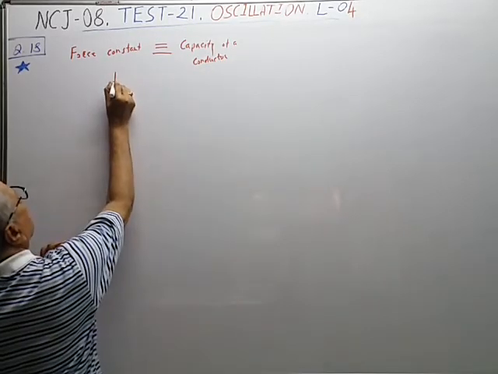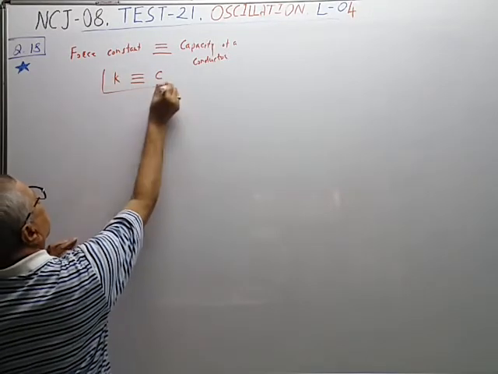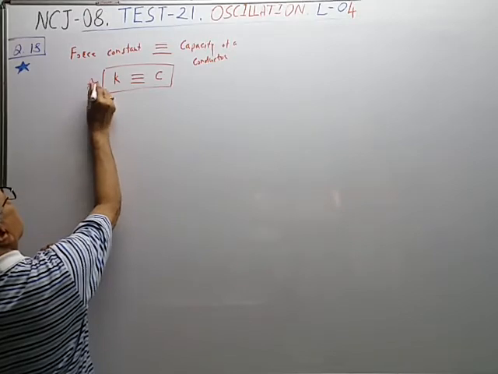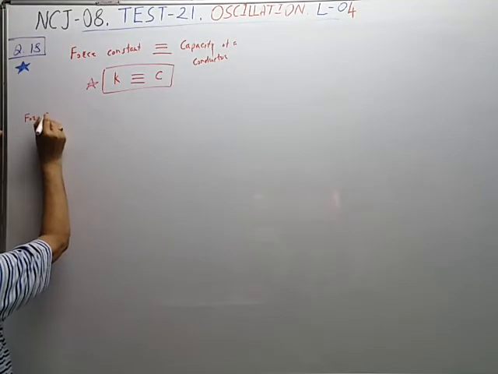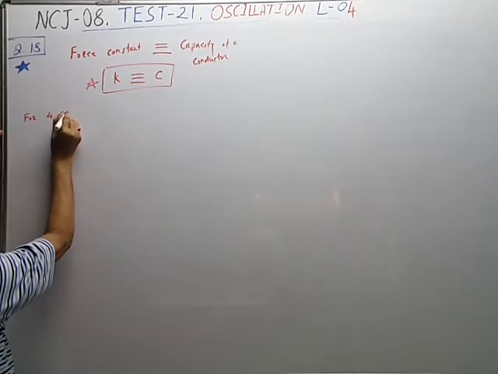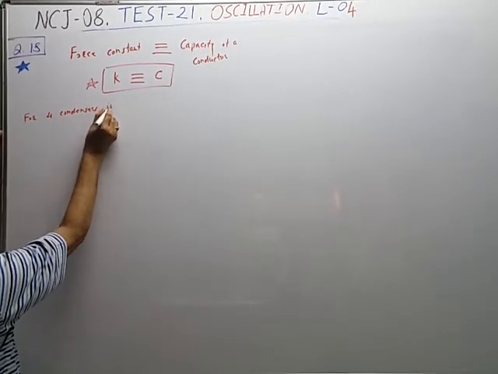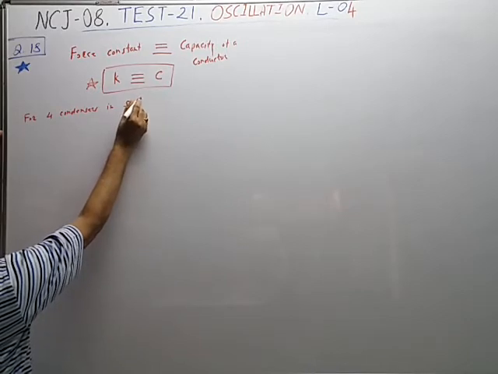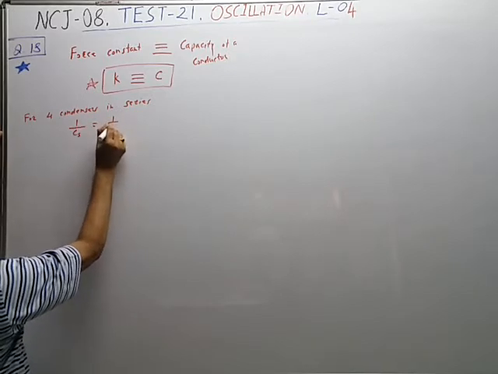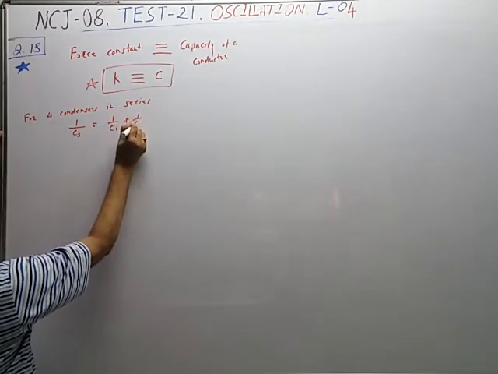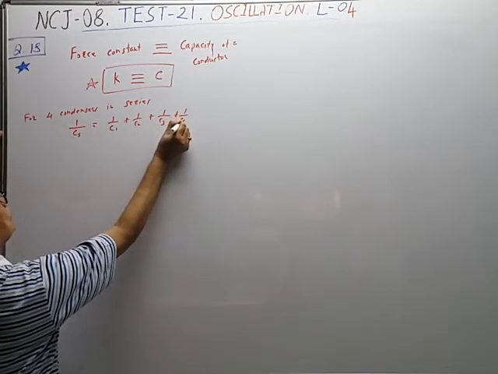So K is equivalent to C. For 4 condensers in series, 1 upon Cs is equal to 1 upon C1 plus 1 upon C2 plus 1 upon C3 plus 1 upon C4.